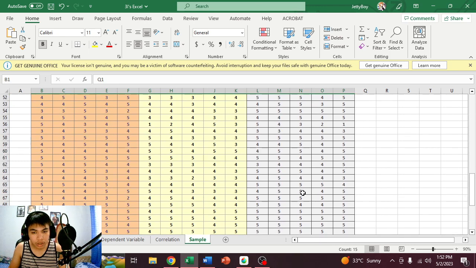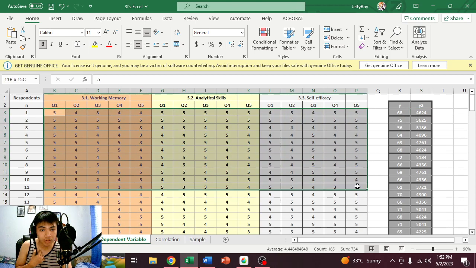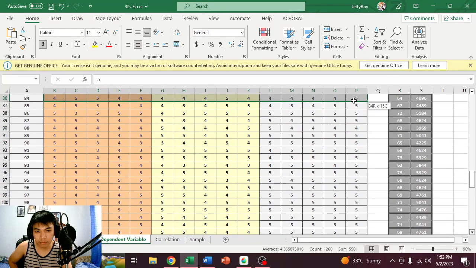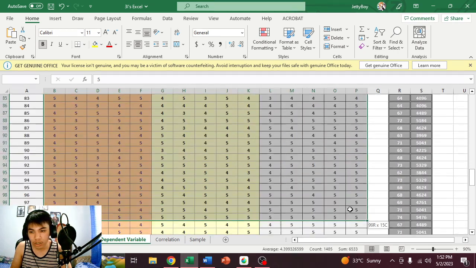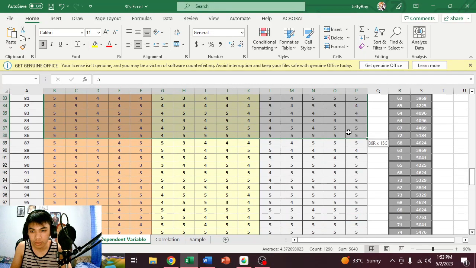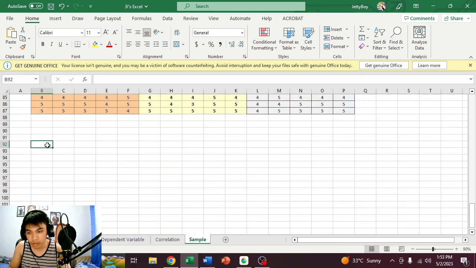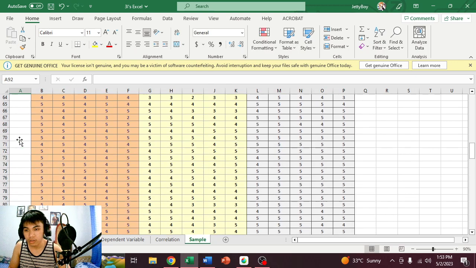And now, let's also take a sample from the dependent variable responses up to the 86th respondent. And what we want to do is paste it here as well. And this is our y, and this would be our x.